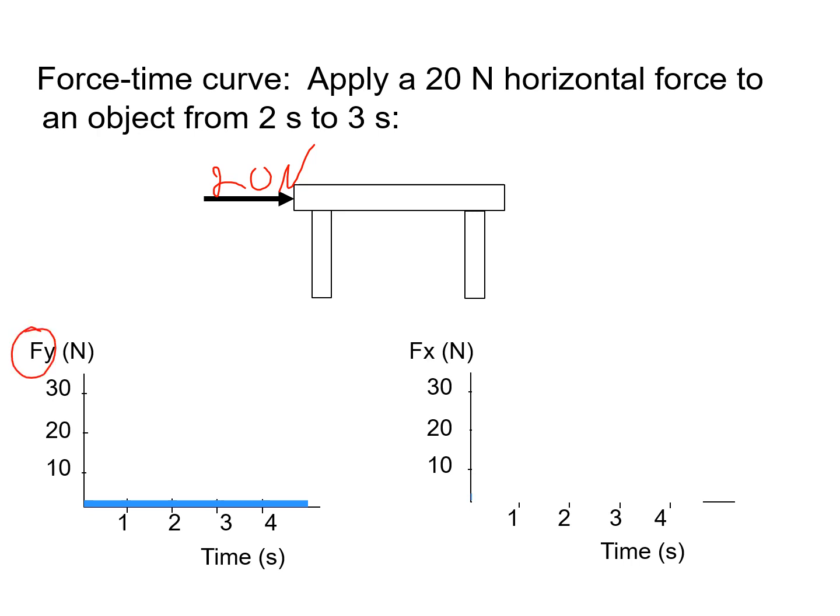There has been no impulse there, because we're simply applying that horizontal force, our F of x. So we're going to see no impulse in the vertical direction, but we will see an impulse in our horizontal direction. Our impulse is the area underneath this curve. If we applied 20 newtons from 2 to 3 seconds, for 1 second, we're going to have an impulse of 20 newton seconds.